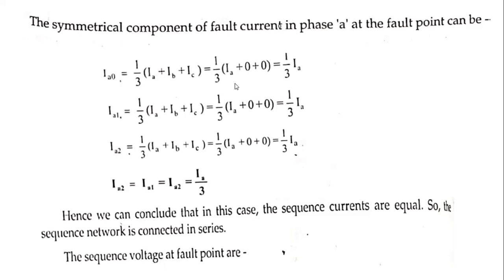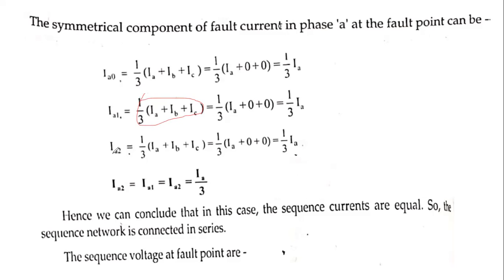Then the positive sequence phase current at phase A is IA1. The formula for IA1 is 1 by 3 into (IA plus IB plus IC). Substituting IB and IC equal to 0, that is 1 by 3 IA.